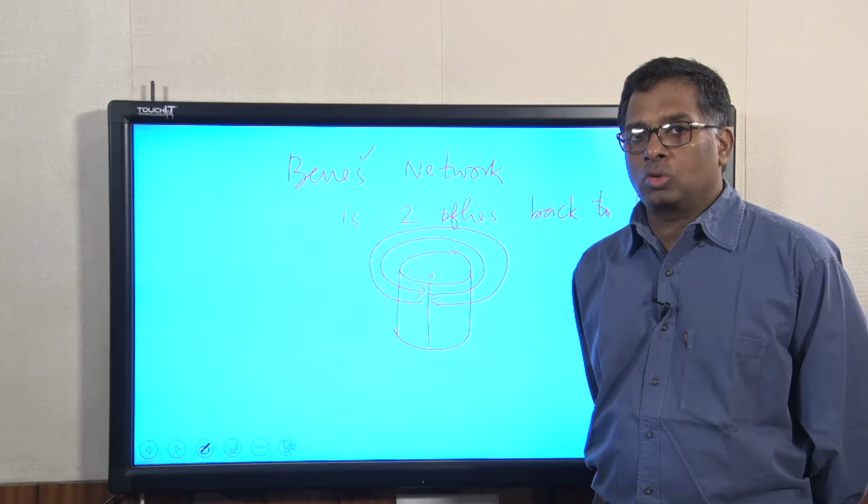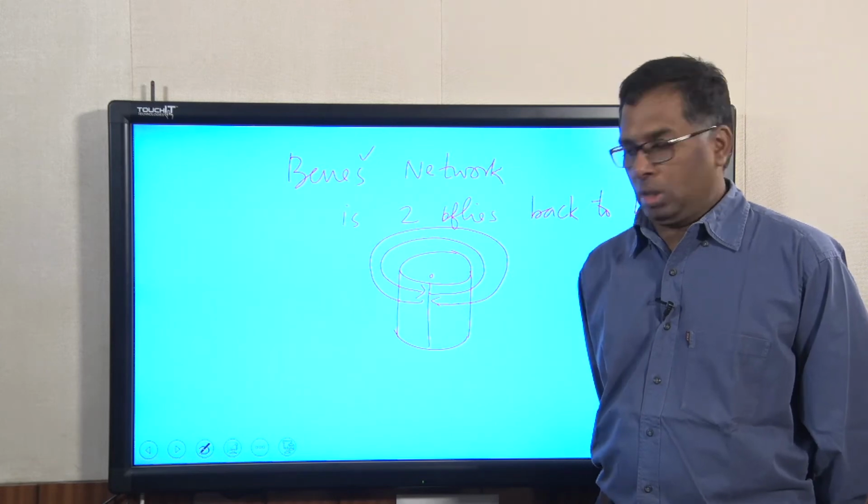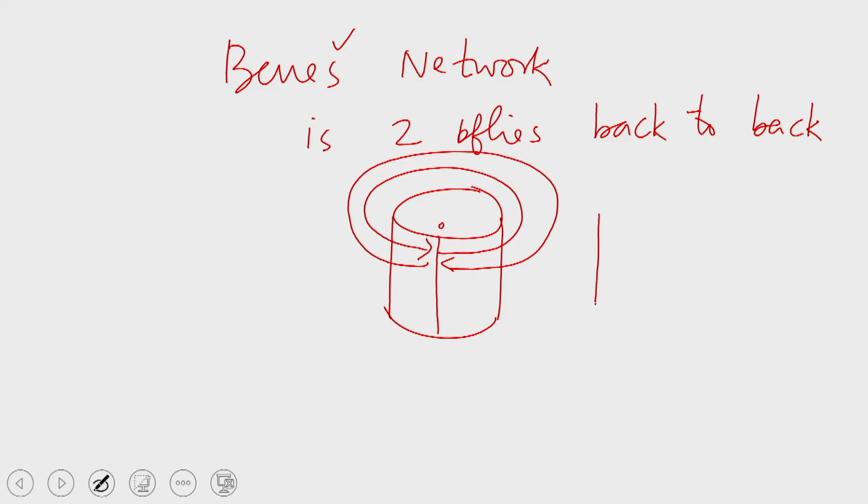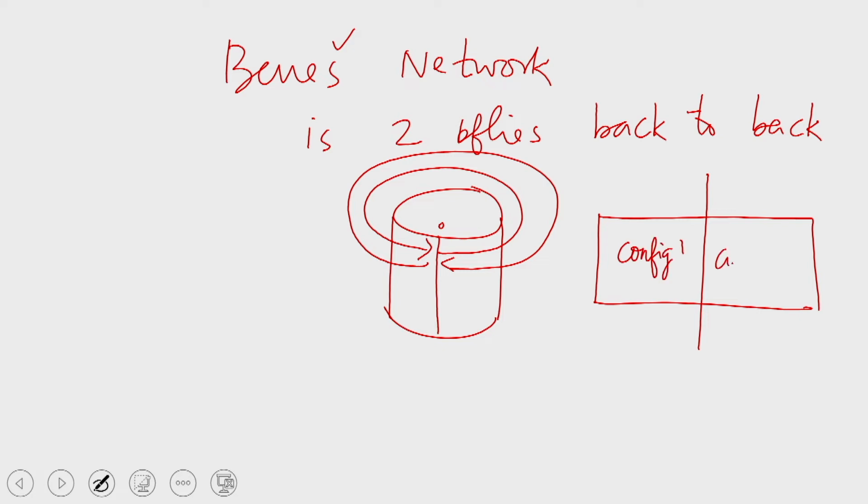All that we have to do is to reconfigure the switches accordingly. So we take the imagined Benes network that is necessary for delivering the messages with the permutation realized, divide the Benes network into 2, and see that there are different configurations. So this is config 1 and this is config 2.